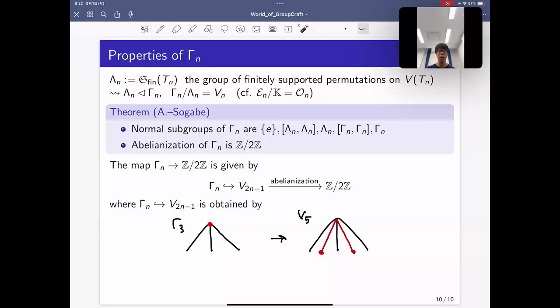So it is a normal subgroup of gamma n, and its quotient represents the dynamics of elements of gamma n on the boundary. So the quotient is isomorphic to the Higman-Thompson group. This is like the Cuntz algebra being represented as a quotient of the Cuntz-Toeplitz algebra by the compact operators.